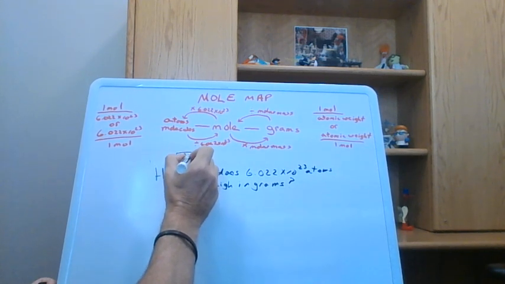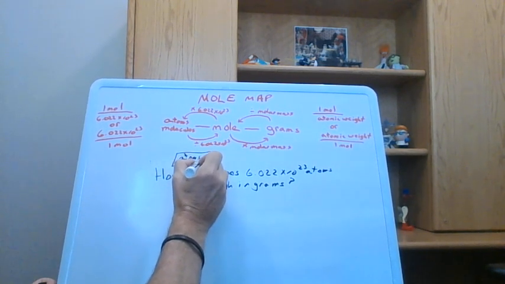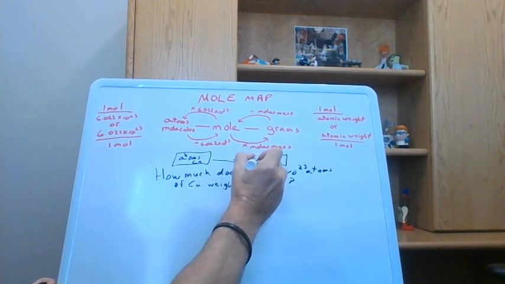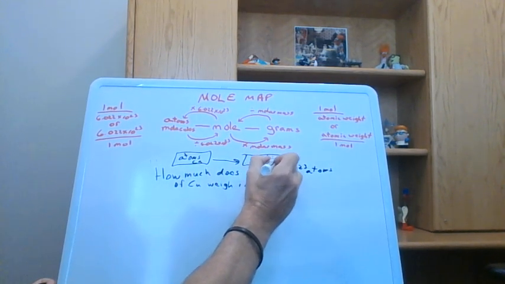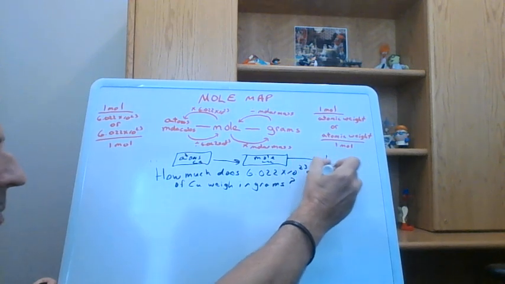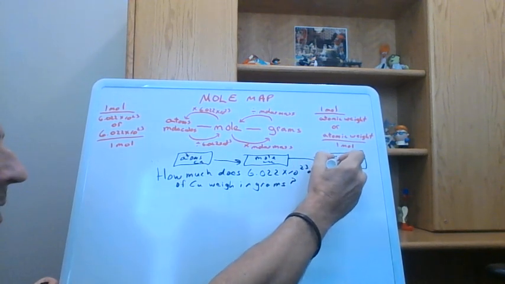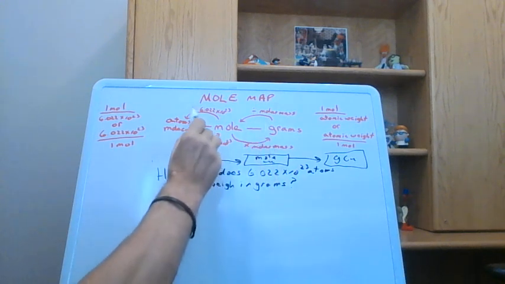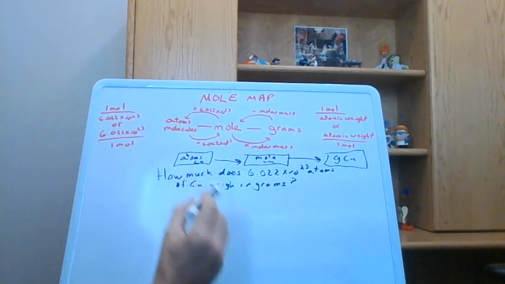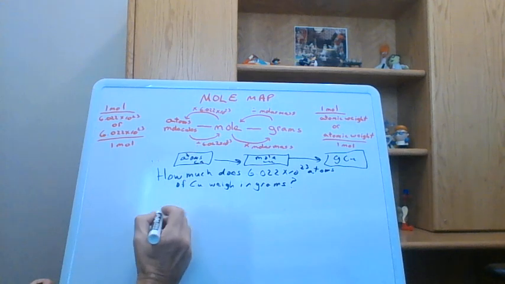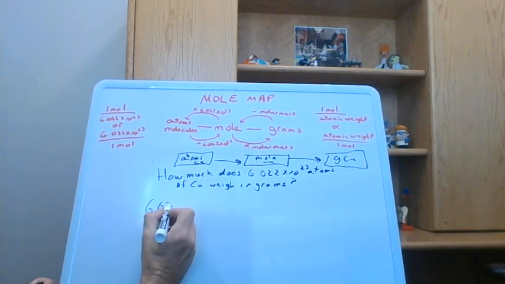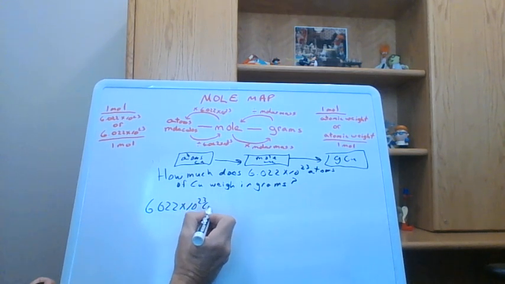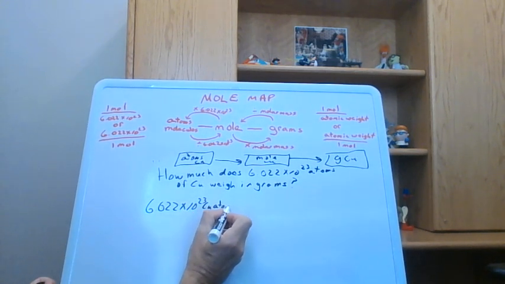On our path, we're going to go the opposite direction. We're going to go from atoms of copper to moles of copper, and then to grams of copper. So we're going to need two conversion factors. We have 6.022 times 10 to the 23 copper atoms to start with.